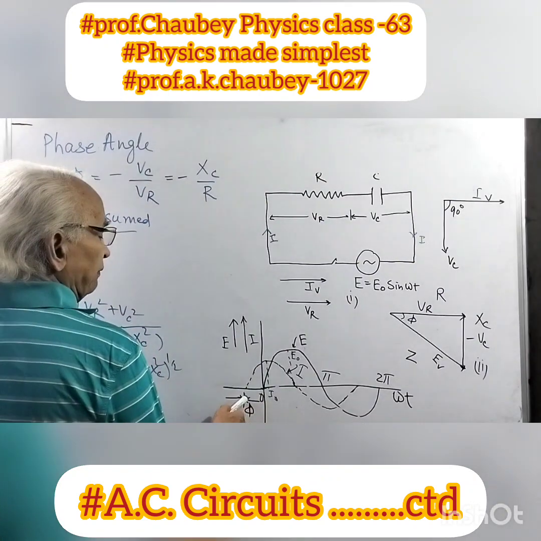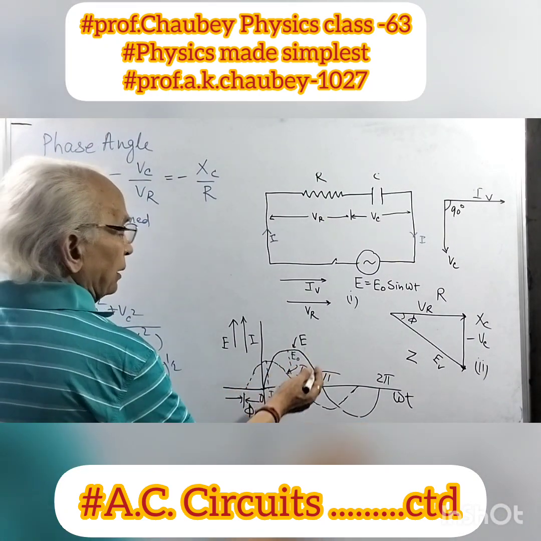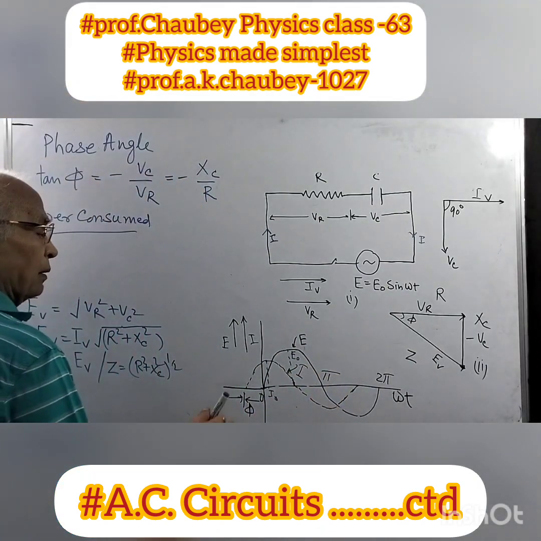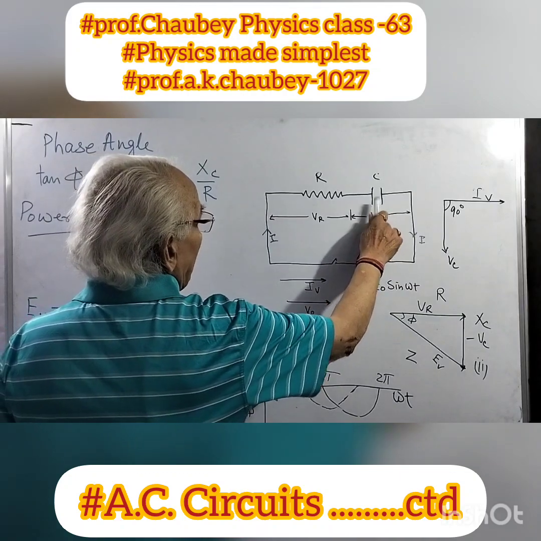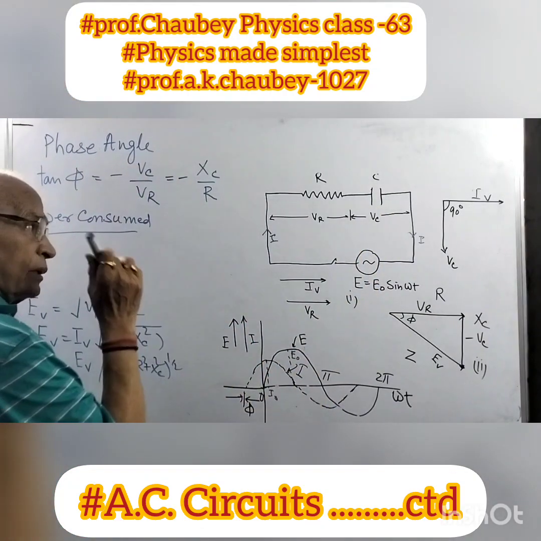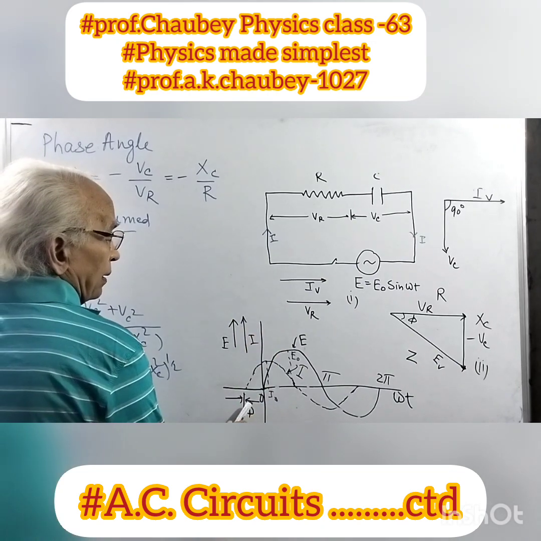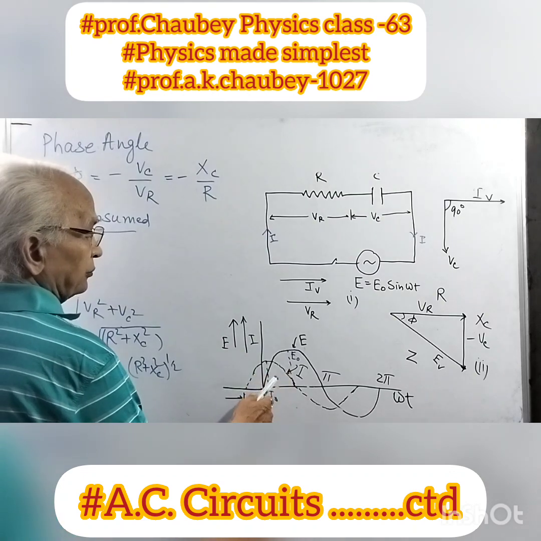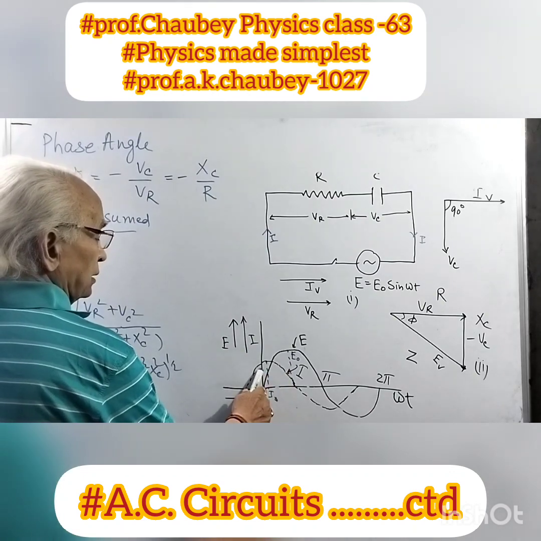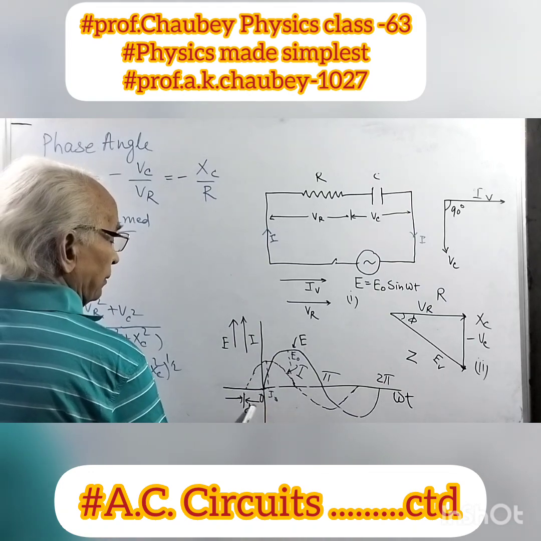Then this is the phase difference, meaning current and the potential or EMF. Current, because due to the opposition of the capacitor, it is also a resistance, capacitive resistance, or it is called reactance. That current has got a phase difference with the potential, that is this much difference, this much angle. This angle I have written phi.